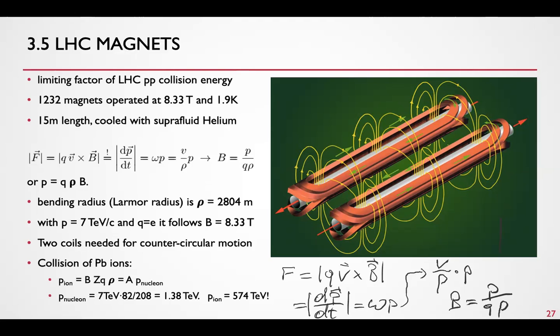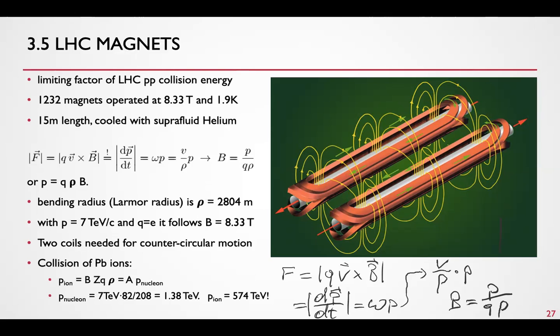For the LHC, that is 7 TeV or 8 TeV. The radius is not really the radius of the LHC, it is the bending radius, related to the smallest radius of curvature, because the ring is not completely circular.